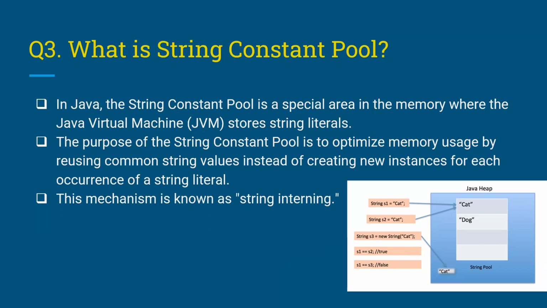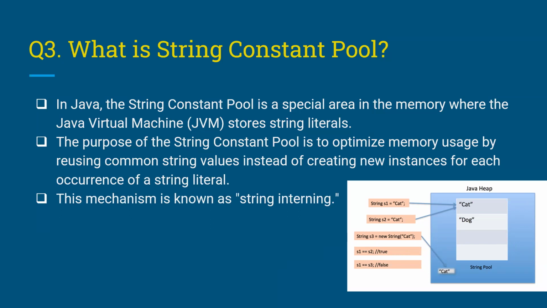But whenever we use a string literal, it will create it directly inside the string constant pool. And what is the behavior of the string constant pool? It does not allow duplicate content.